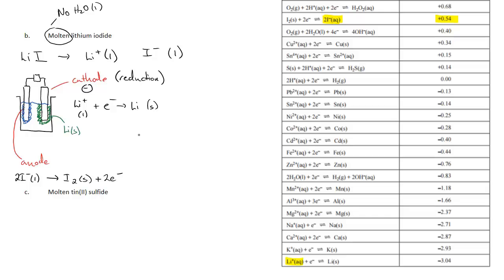Now the reactions that take place, I guess you can go straight to the overall reaction. In the anode there are 2 electrons produced. In the cathode there need to be 2 electrons absorbed by the lithium ion, so we need to double that equation there.